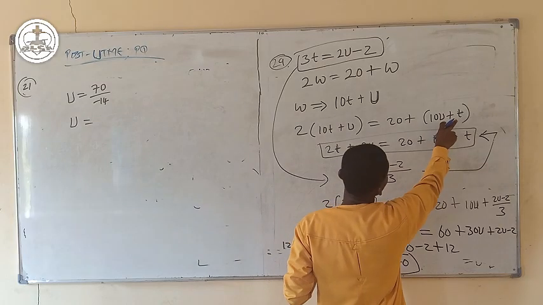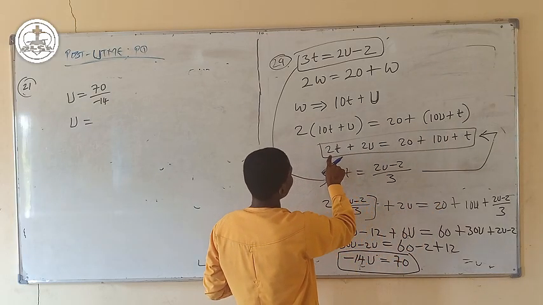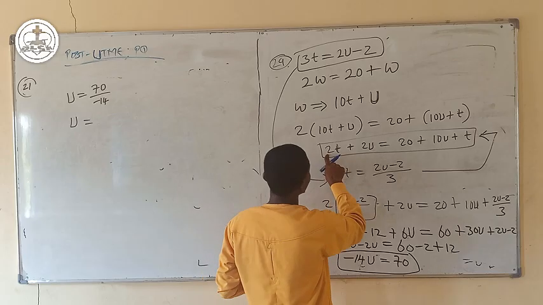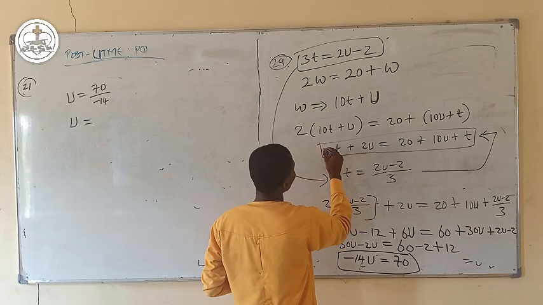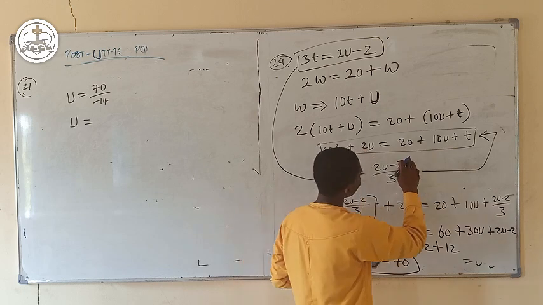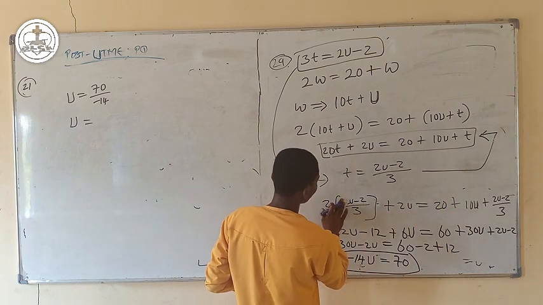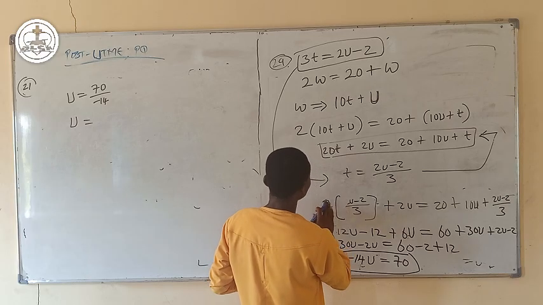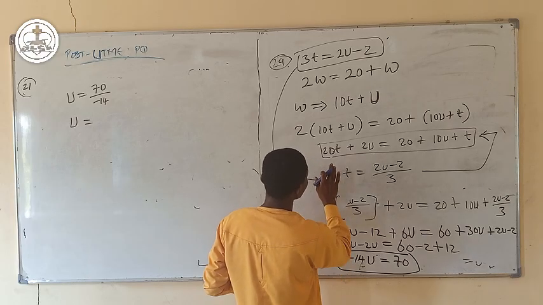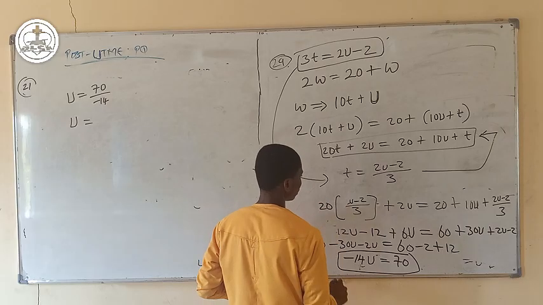210t plus 10u plus t. We made a mistake here. This is supposed to be 20t plus 2u. Sorry about that. This is supposed to be 20 outside here.